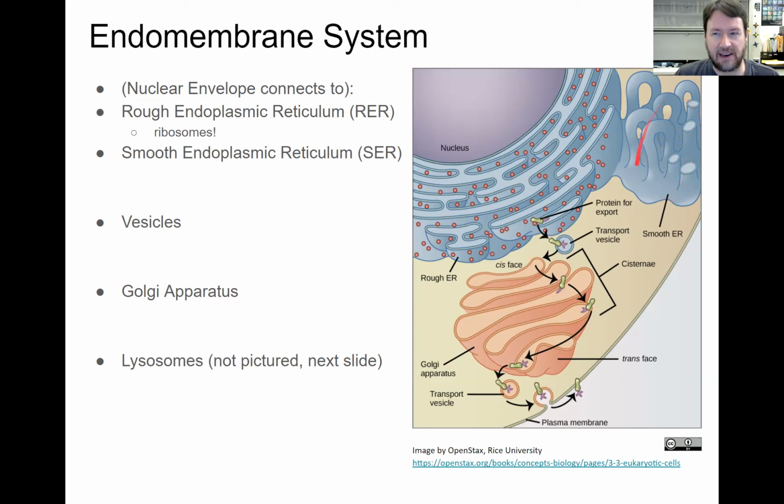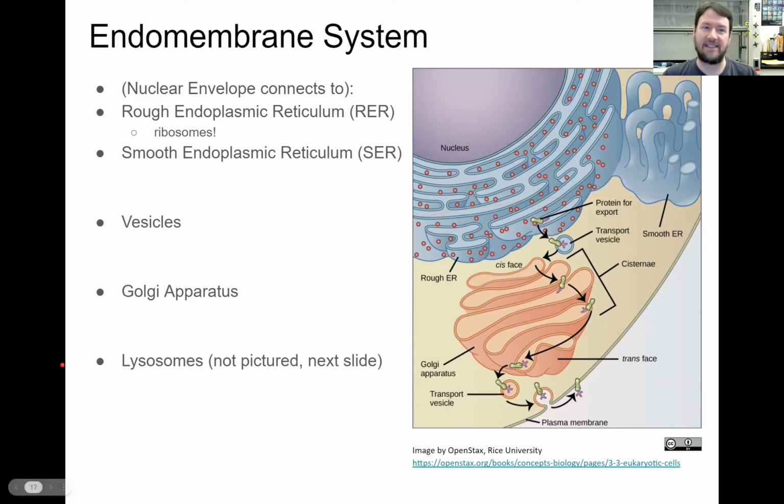There's a lot of smooth ER in our muscles because of the calcium storage. Detoxifying chemicals like in the liver. The liver has a lot of smooth ER, which is where alcohol gets detoxified. So there's a lot of different functions for the smooth ER. But it doesn't make proteins because it doesn't have ribosomes.